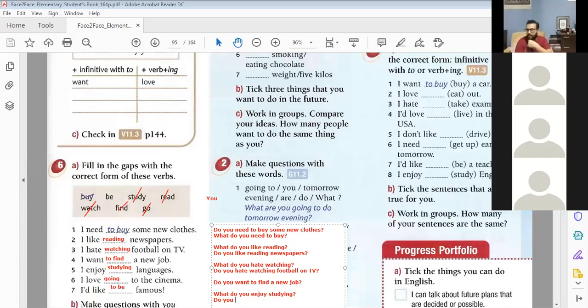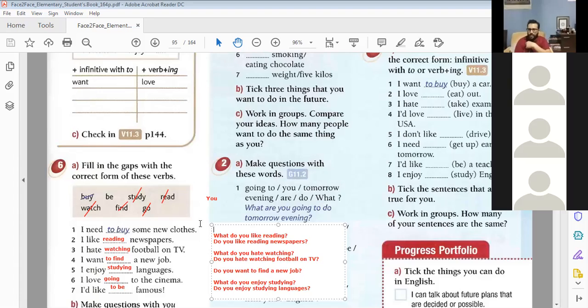Do you enjoy studying language? Yes. Very good. We have to use the same verbs, right? Do you enjoy studying languages? Very good. Nice.